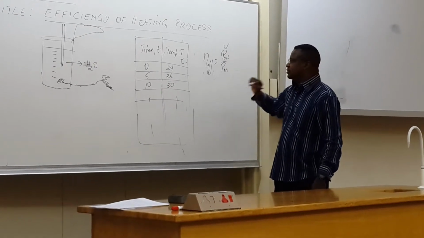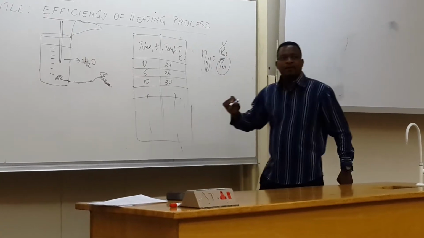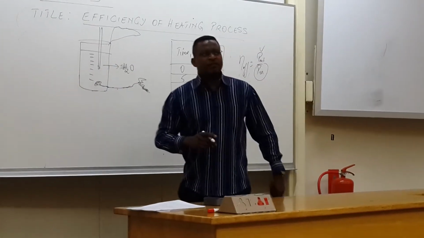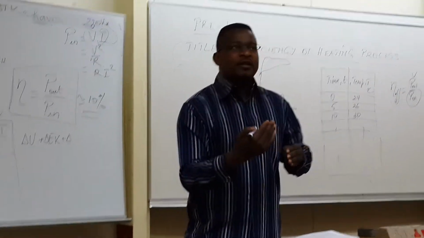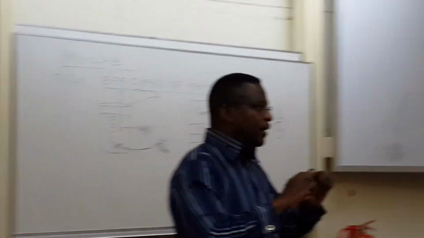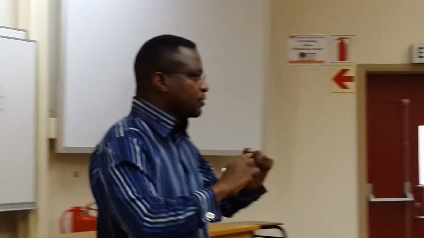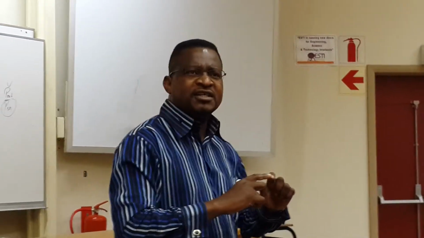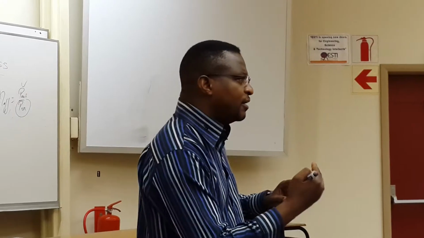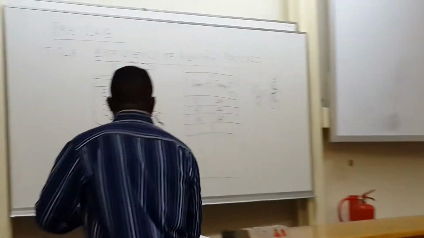P out is easy to determine, and for P in, some of the kettles, if you look at the back, they've written all the details concerning the power and so on. Have you ever checked?